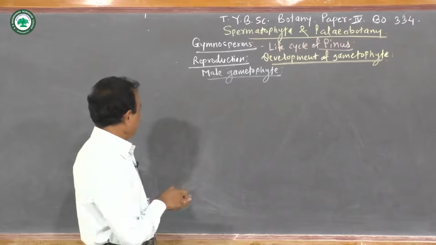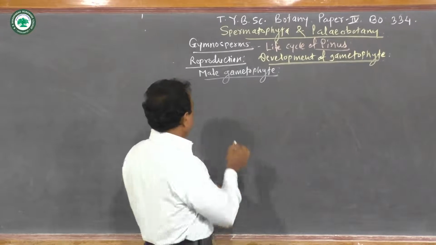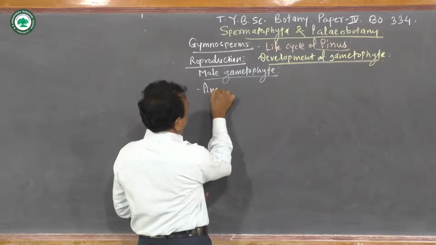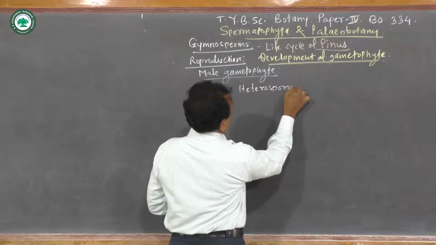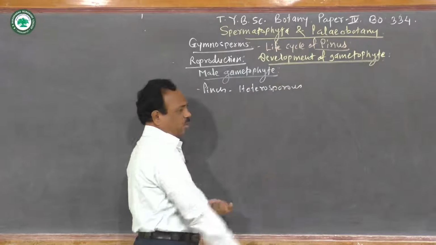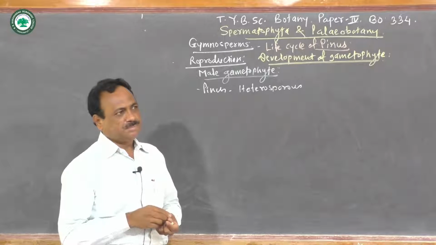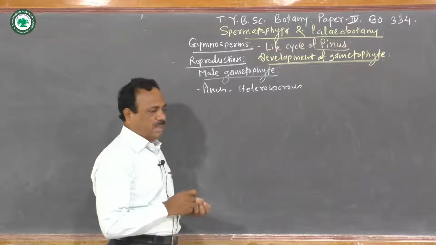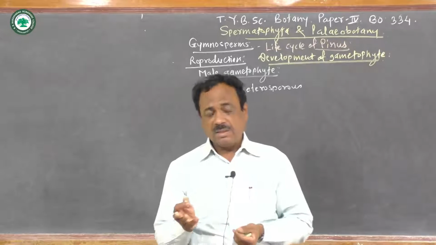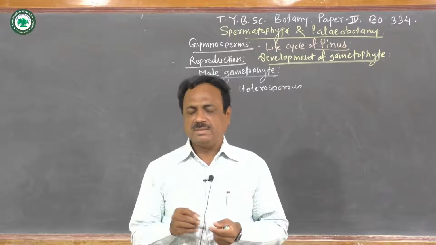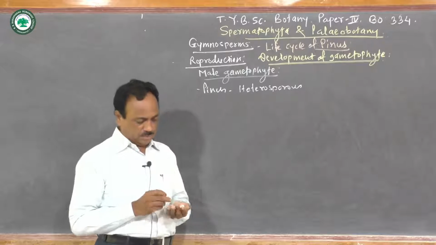So friends, if we see Pinus, it is a heterosporous plant. It means two different types of spores, the microspores and the megaspores, are formed, and both develop in different cones, which are called the male cone and female cone.